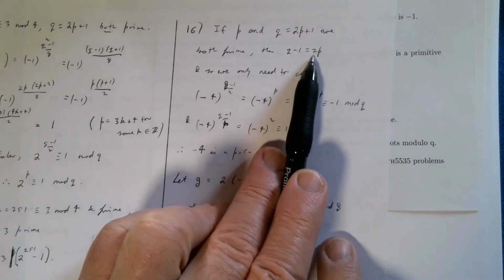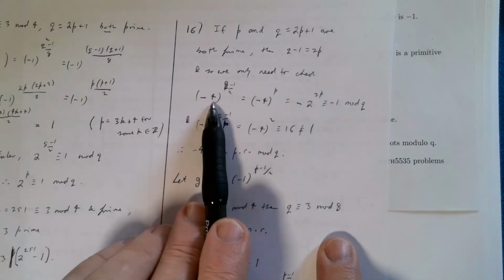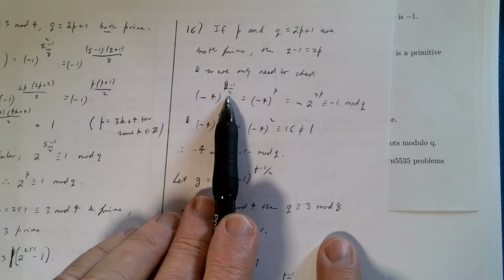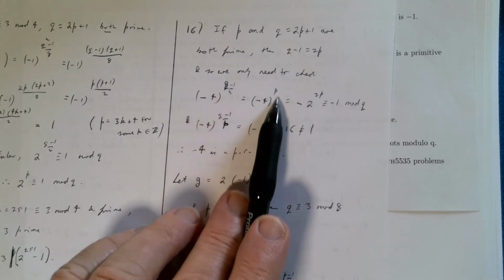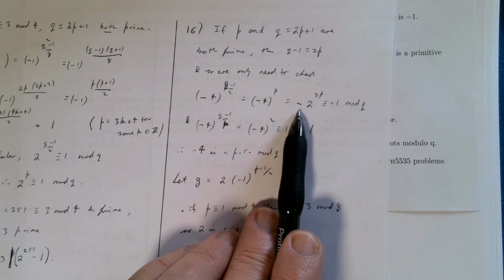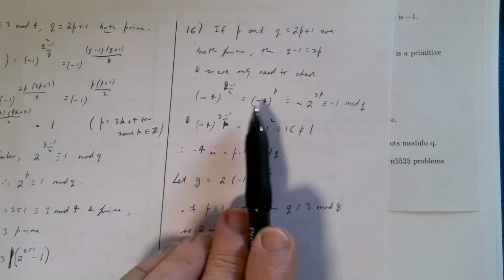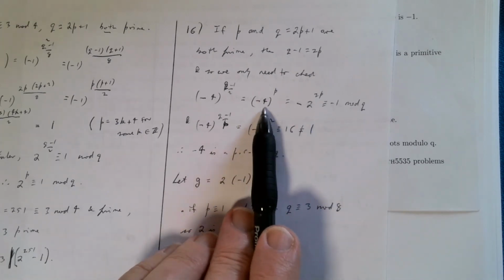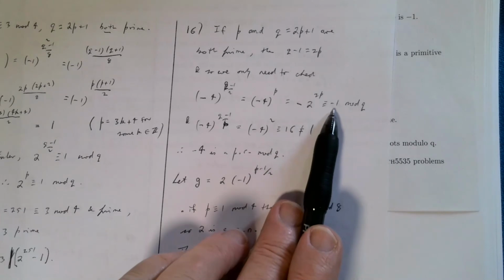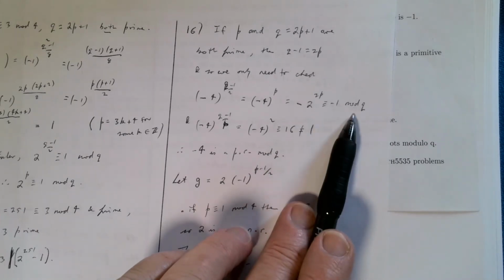So I just need to check that minus 4 to the (q minus 1) over 2 is not 1. So (q minus 1) over 2 is p, giving minus 4 to the p. This is an odd power, so we take a negative out, and 4 to the p is 2 to the 2p, and we've seen before that that is minus 1 modulo q.